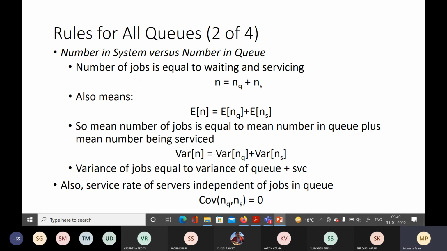This is also a property of the queue: the service rate of servers does not change, for analysis purposes, with how many jobs are waiting in the queue. It is fixed. It depends upon how the server can service, and how big the job is for the customer that it is serving.